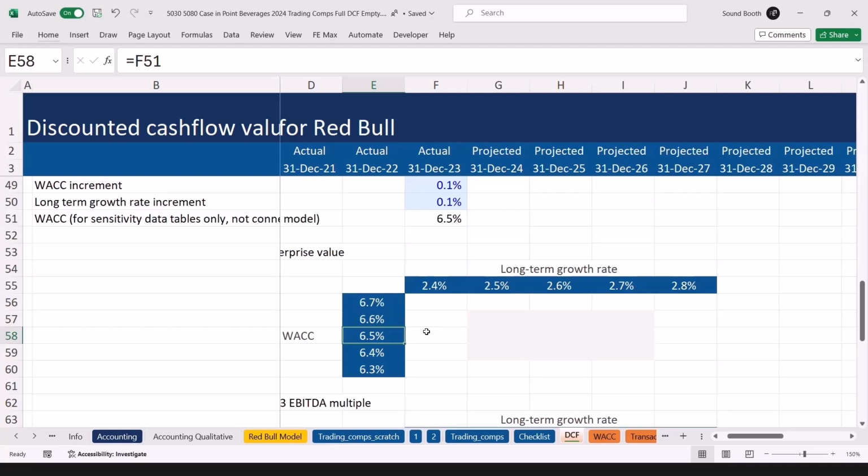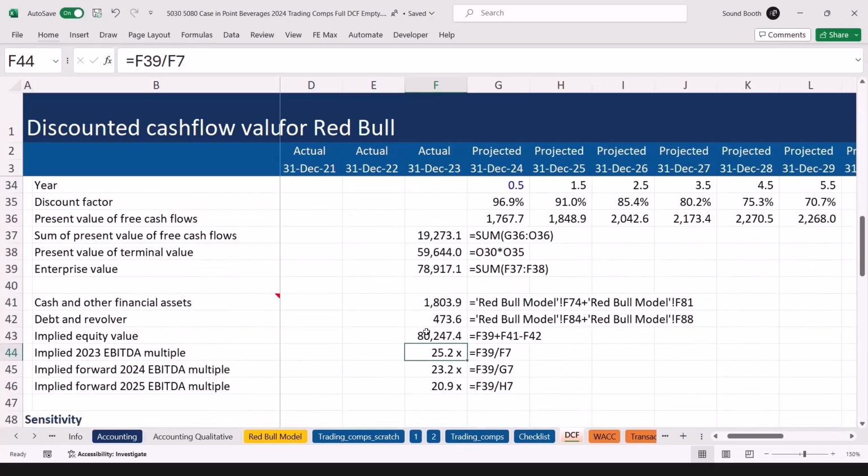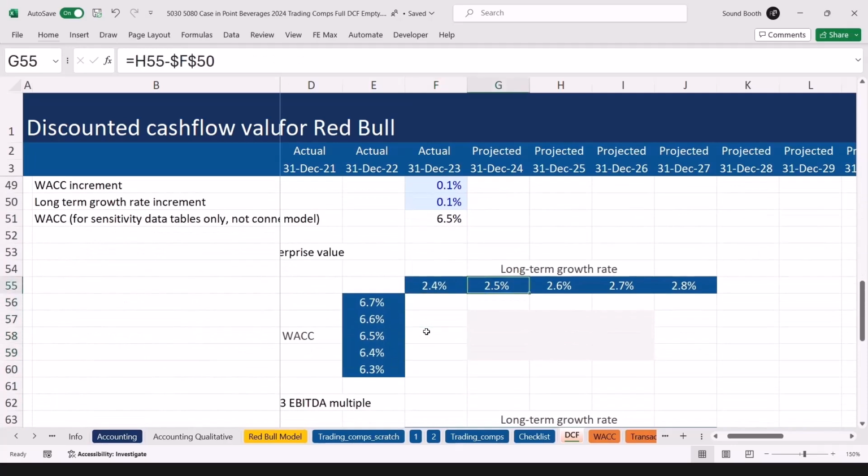For certainly people who are new to this, I would make sure that you hardwire this. Now, this is connected to a number here, and that's connected to the WACC calculation on the other sheet, but it's critically not connected to this WACC here. So you want to make sure that you don't connect those data tables. And you can see this number here for the long-term growth rate is just hardwired.